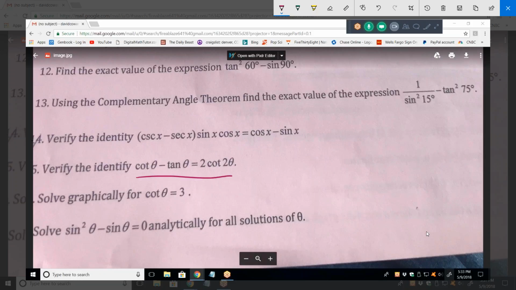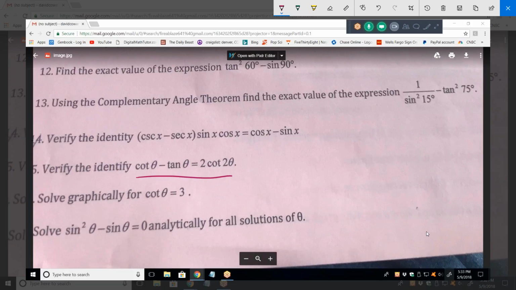Like this one. Let's do this one. Cotangent minus tangent. How is that equal to 2 cotangent of 2 theta? Wow. Well, even this one, if I turn it into sines and cosines, yeah, I can do that.